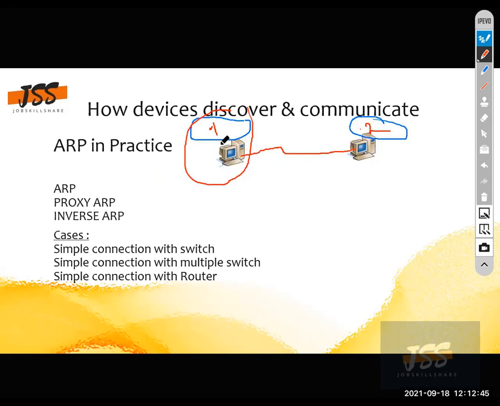Of course, if it wants to communicate with this computer, it should know the IP of this computer. Once it pings this computer, it is only pinging the IP, but it does not have any information about the MAC address of this computer.